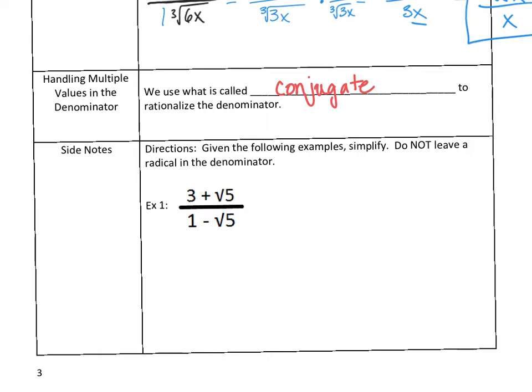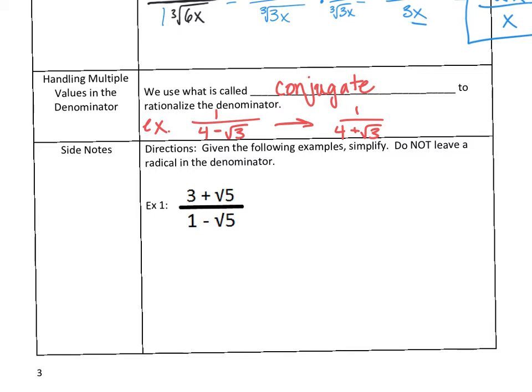So examples of conjugate. For instance, if my denominator, let's say I had 1 over, we'll do 4 minus the square root of 3. The conjugate of that would be 4 plus the square root of 3. Okay, the only thing you change on a conjugate is the sign that's in the middle.